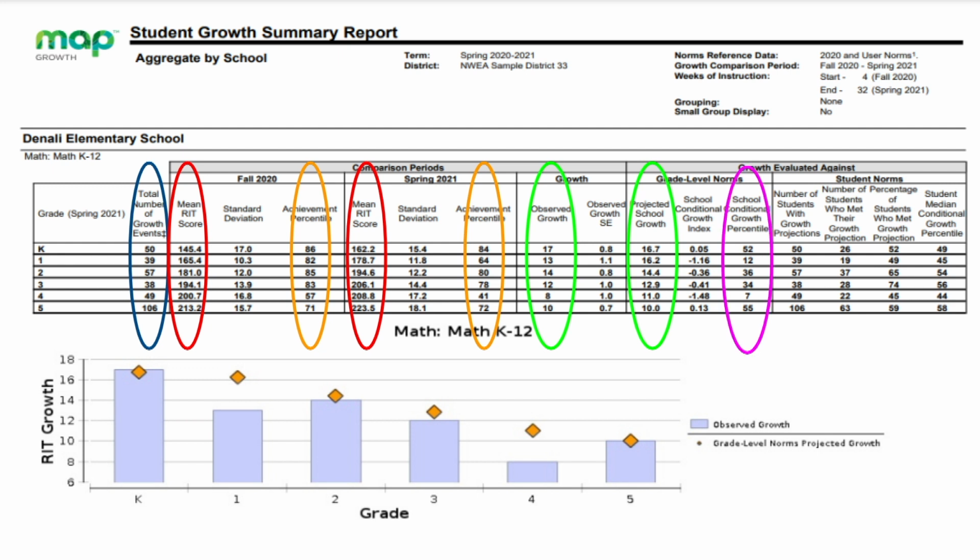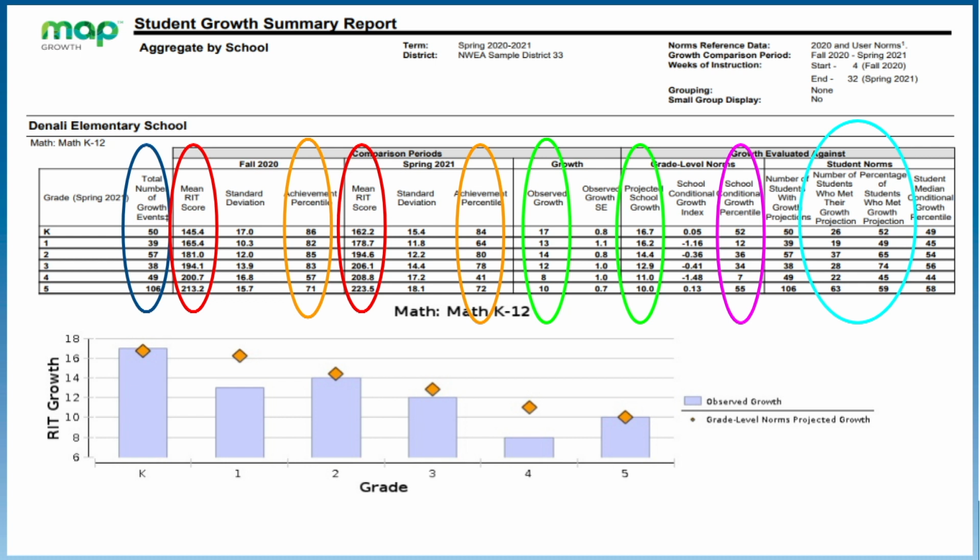And then over here in pink is the school conditional growth percentile. That's showing us how fast are these students growing, or how much growth did these students have compared to their statistically similar peers across the country. Again, you want to look at numbers above the 50th percentile. That would indicate that students at that grade level are growing at or above the rate of peers across the country.